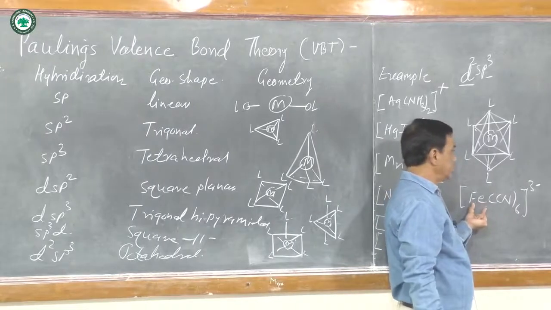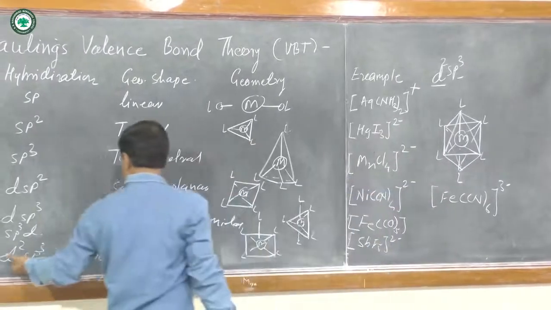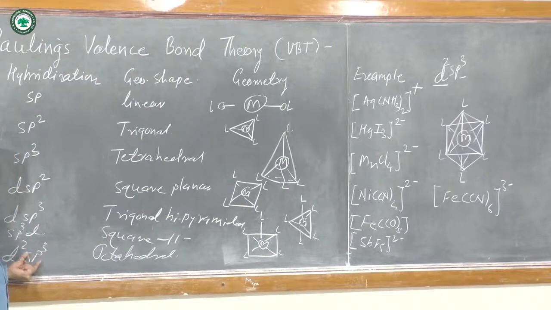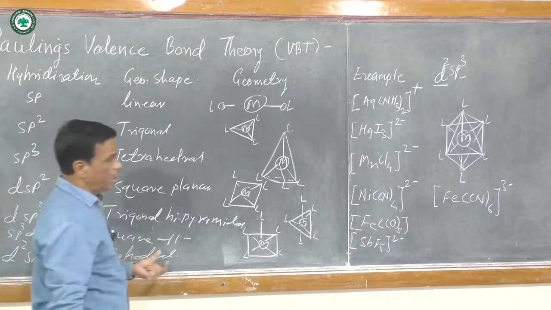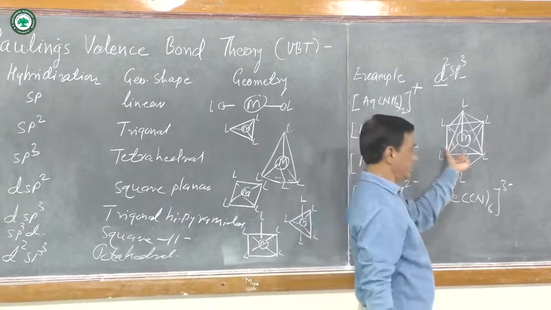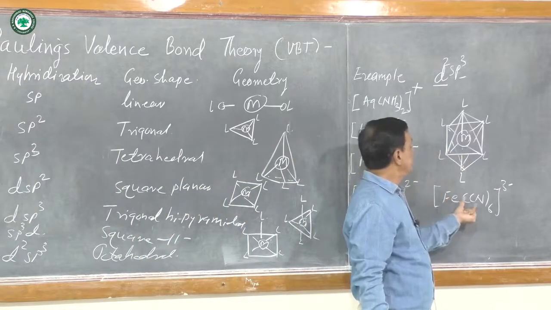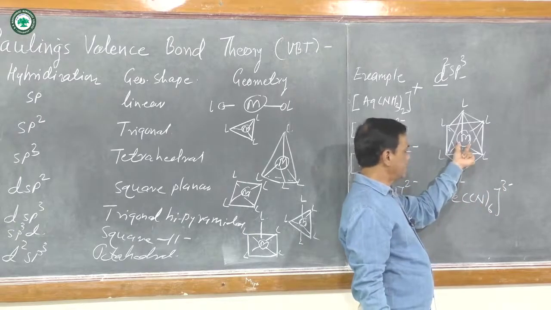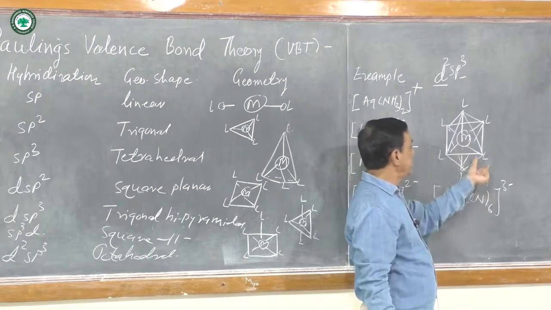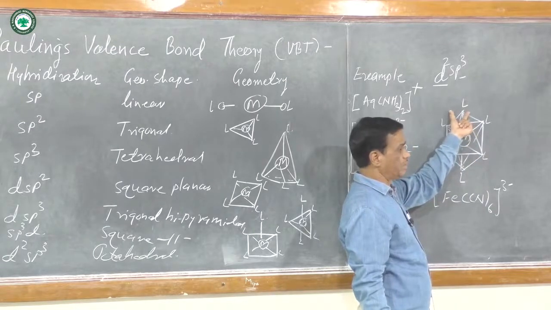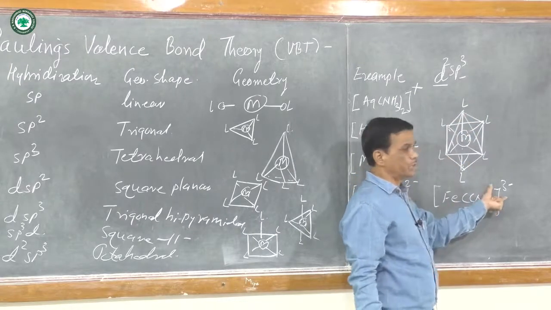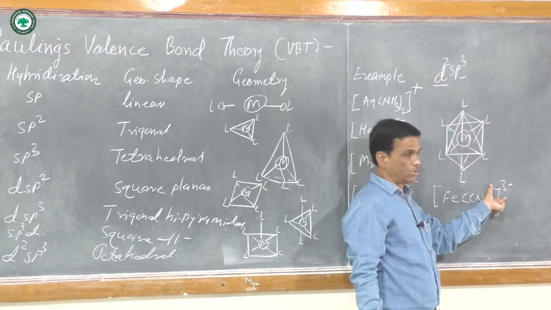At the ground state there is overlapping of these 2d orbitals, 1s orbital and 3p orbitals, and there is a formation of an equivalent set of 6 hybrid orbitals, and the shape of that molecule is octahedral, and this is the example Fe(CN)6 3-. In this complex, iron is at the center position and 6 cyanide ligands are at the corners of the octahedron and 6 sigma bonds are formed, and here Fe(CN)6 3- is the example of an octahedral complex.